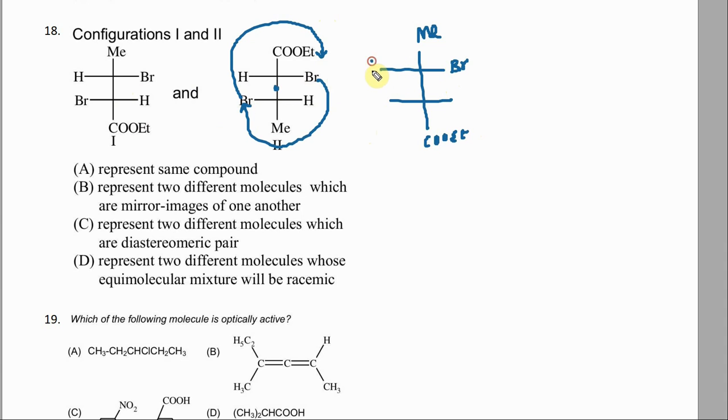The bromine here, hydrogen here, so this is going to be here and here. Again, if you put a pin here and rotate the paper on the same surface, whatever changes is what you write now. So now how are these two related? From the top, methyl, hydrogen left, bromine right, bromine left, hydrogen right, so they are the same compound, correct? So they represent the same compound.